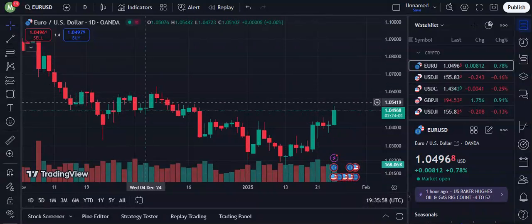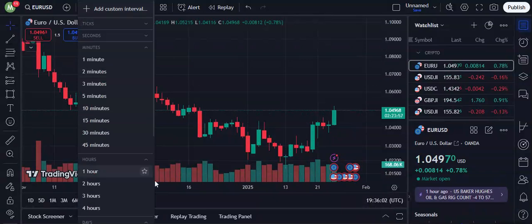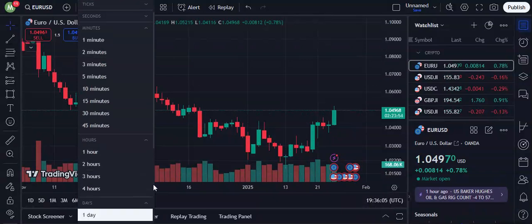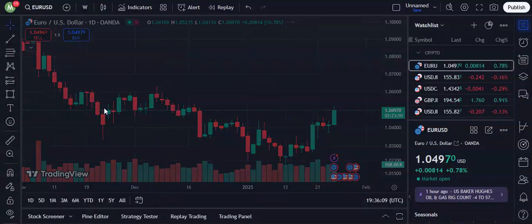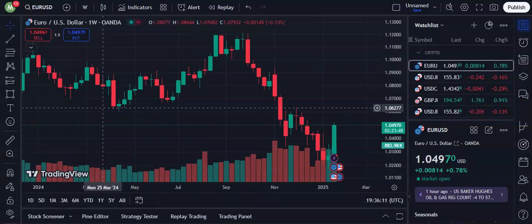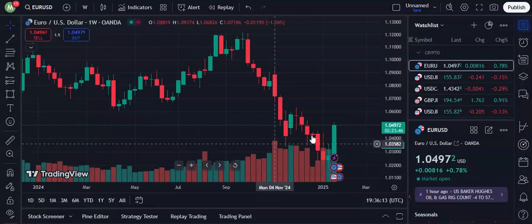So we have Euro USD. Let's go to a higher time frame because we are swing trading. We are not trading every single day or every week. We are not in that.